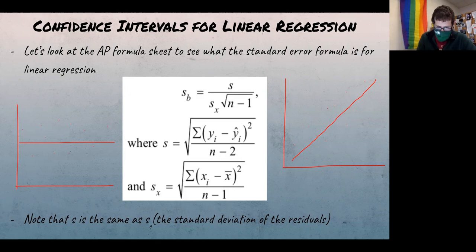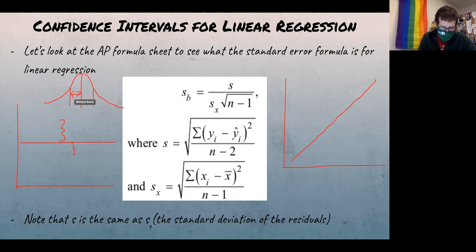The standard error is the average distance that a residual is from the regression line. You're going to have some that are positive and some that are negative, and we can create a distribution of our residuals, and then figure out the average distance away.